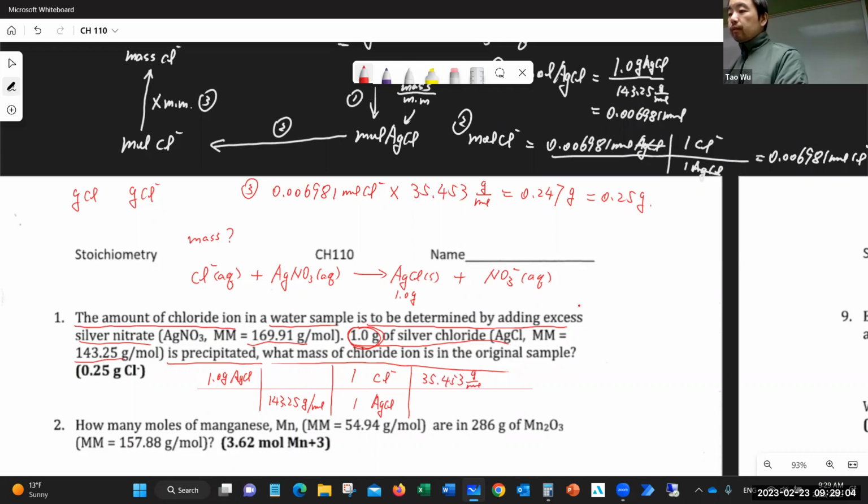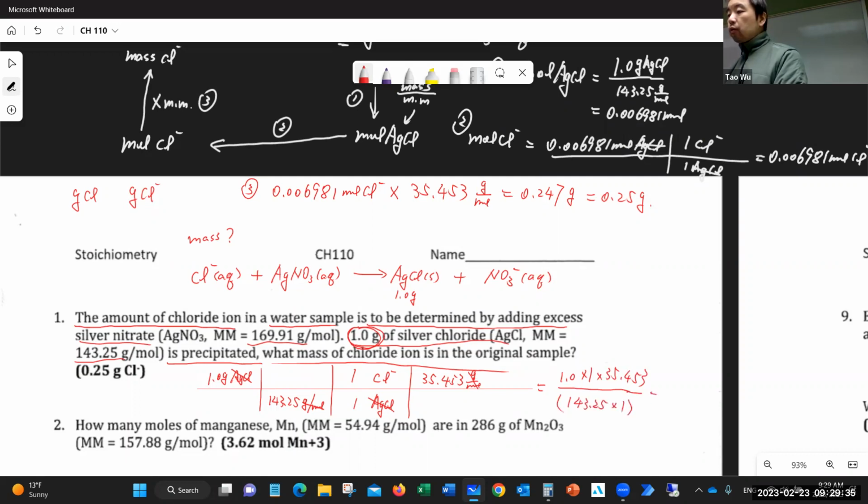So you will see silver chloride canceled, gram per mole canceled, and the leftover is just grams of the chloride ions. If you set up this equation, you can see 1.0 times 1 times 35.453 divided by 143.25 times 1.